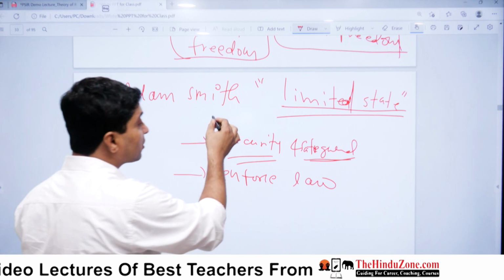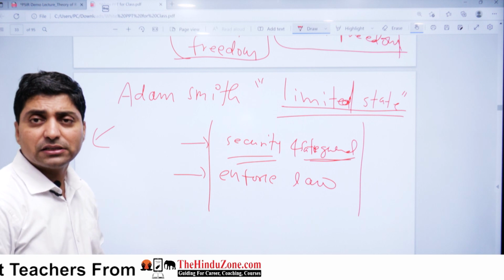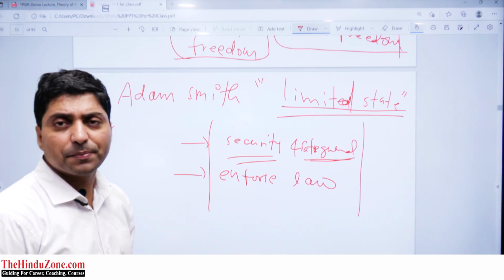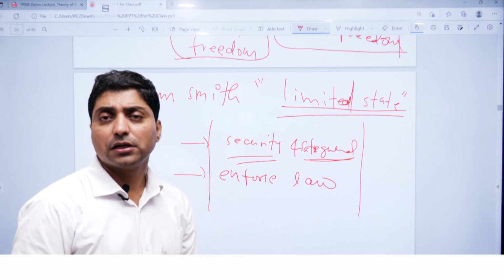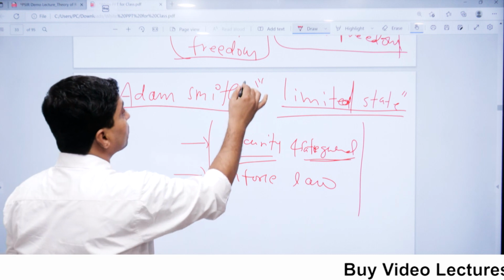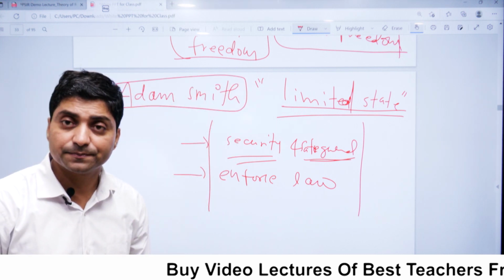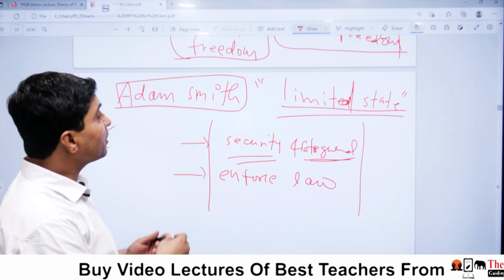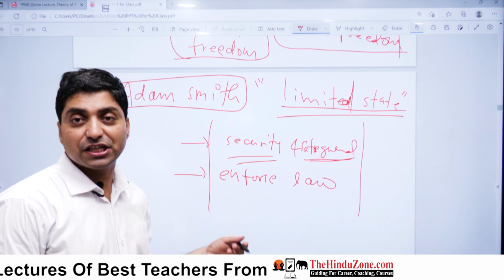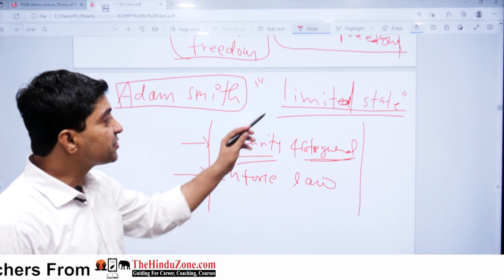A state should not come into the market to regulate the market. Let the individual start entrepreneurship, let the market regulate itself. And Adam Smith says, the market always regulates itself through the invisible hand. So the individual has a right to exercise their freedom, and a state must be limited.